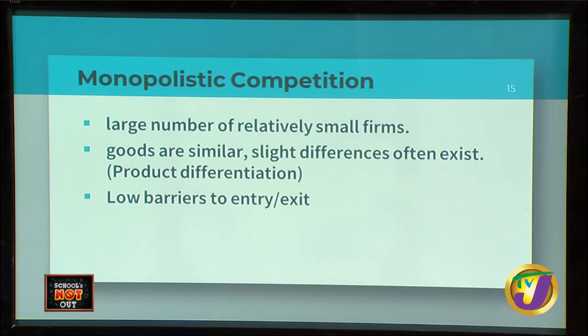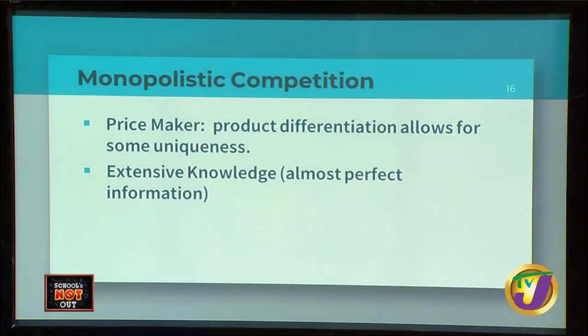So here we have large numbers of relatively small firms. The goods here are similar with slight differences, and we call that product differentiation. There are low barriers to entry and exit. They are price makers, and for the fact that they have product differentiation, it allows for some uniqueness, and so they are able to set their price for their goods.